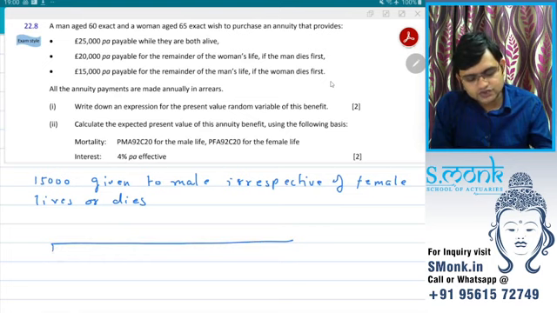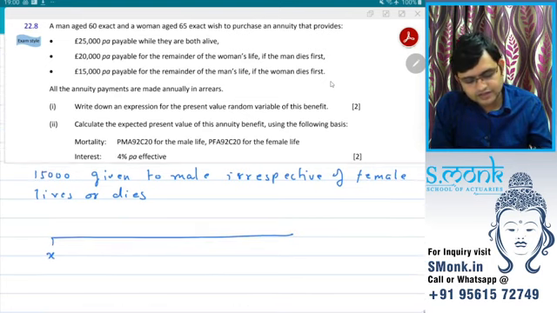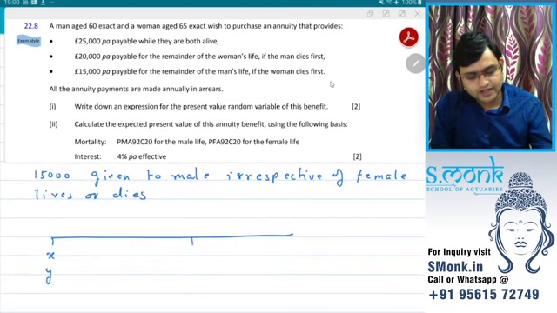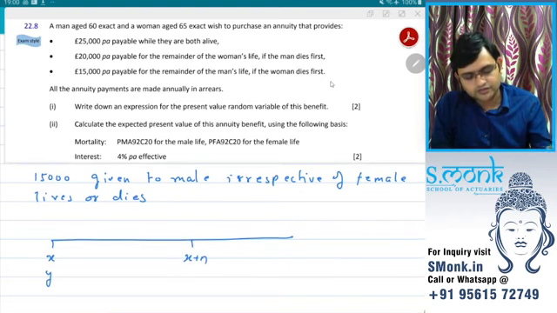So let's assume that we are at this time x and y at the beginning. Let's assume that if x dies at this point, we are assuming x dies first and female dies later, I'll say y plus m. So x dies here, y dies here.